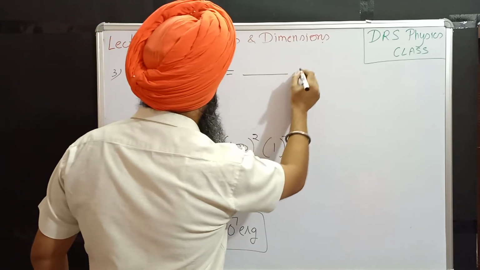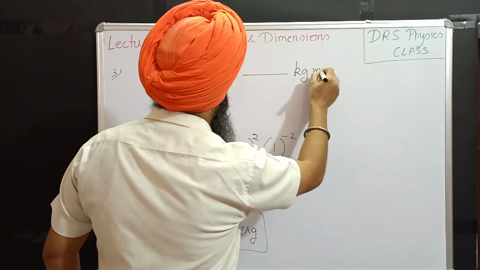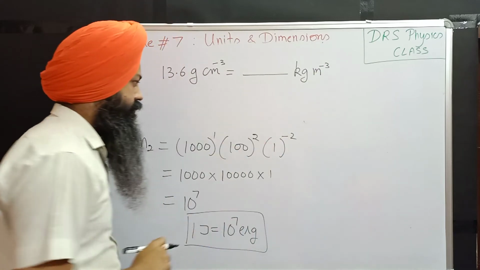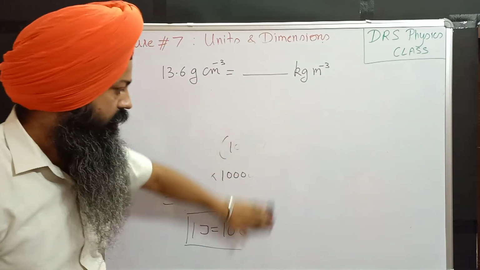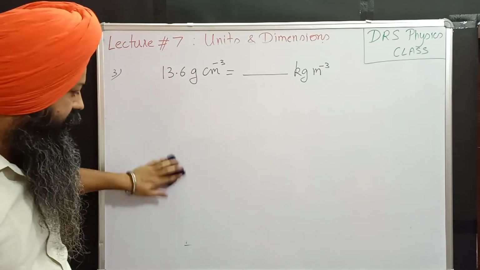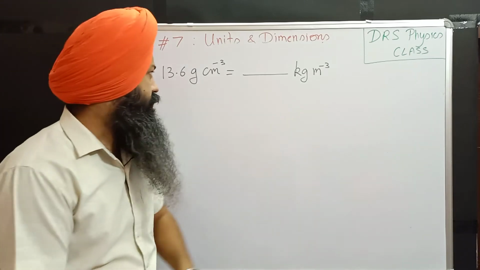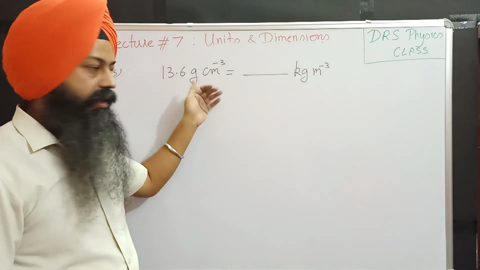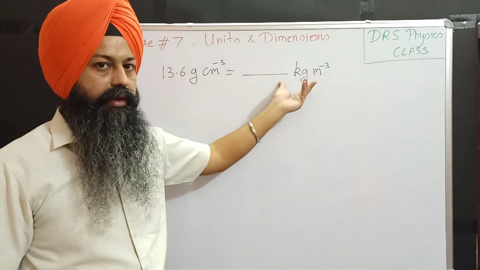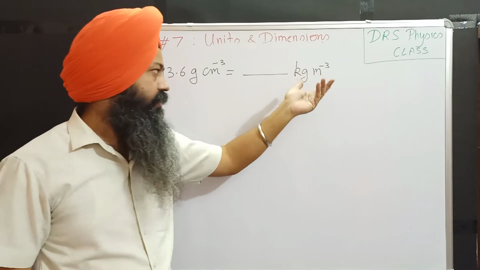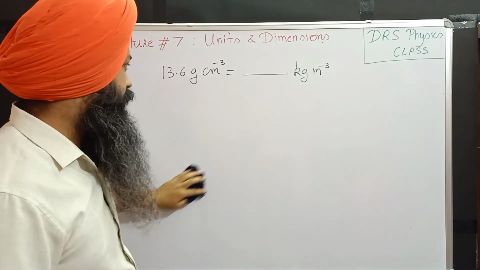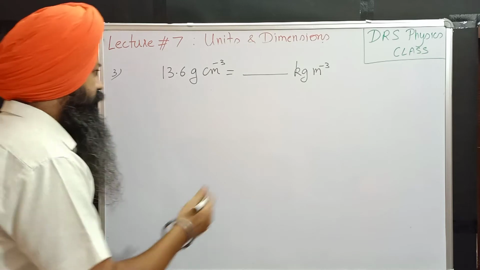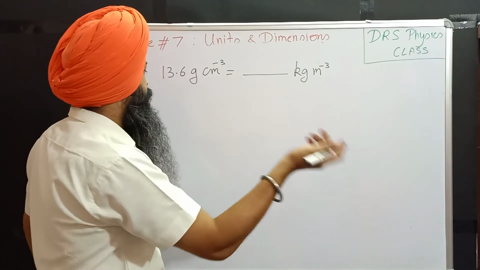We have to find the value in kilogram per meter cube. Time is not given here: mass is given, length is given, but we are not to bother about that. We just apply the same formula and the same steps, and we will reach the solution very easily.